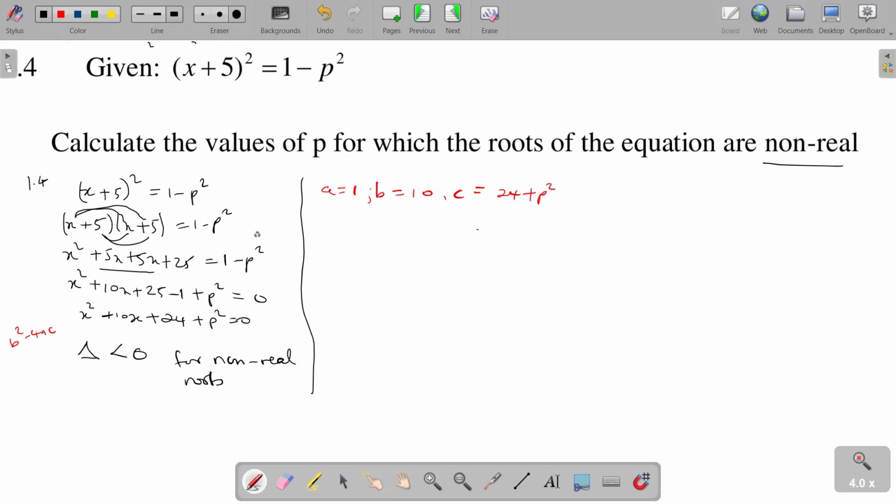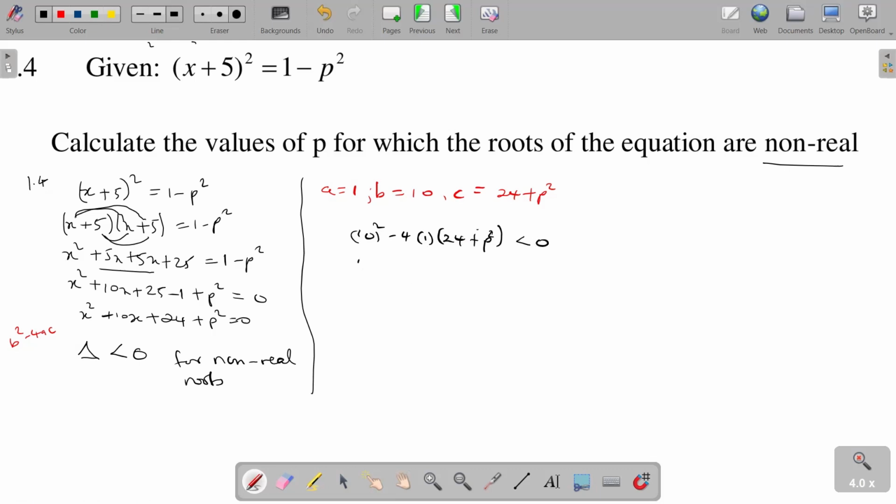So b squared, our b is 10, minus 4 times a which is 1, times c which is 24 plus p squared, less than 0.